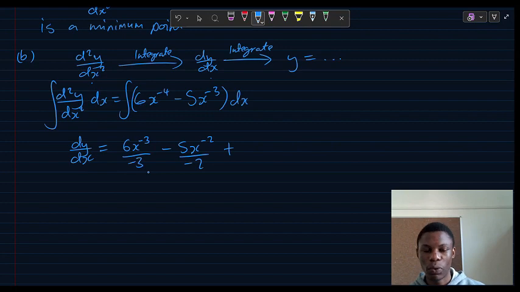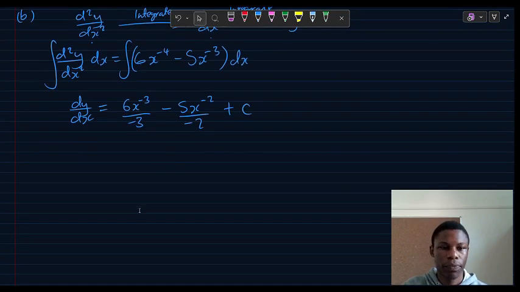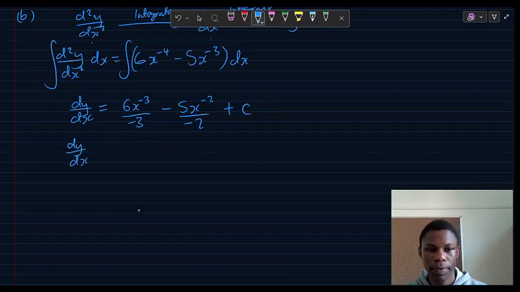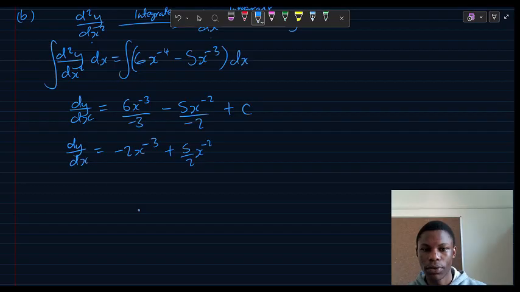And remember, always add a constant of integration. So dy dx is equal to 6 over negative 3, that's negative 2, x to the negative 3, negative 5 over negative 2, that's positive 5 over 2, x to the negative 2, plus our constant of integration.